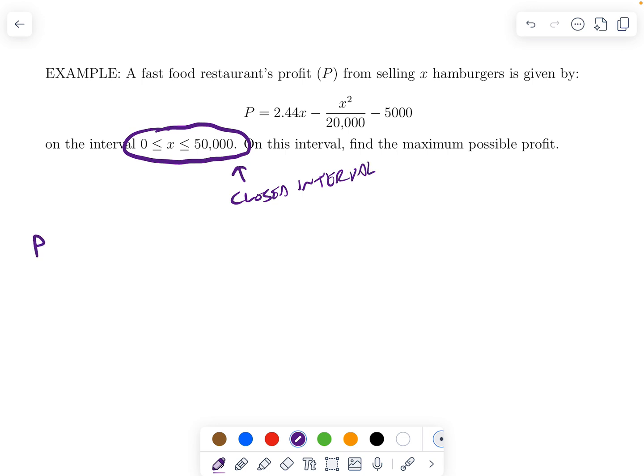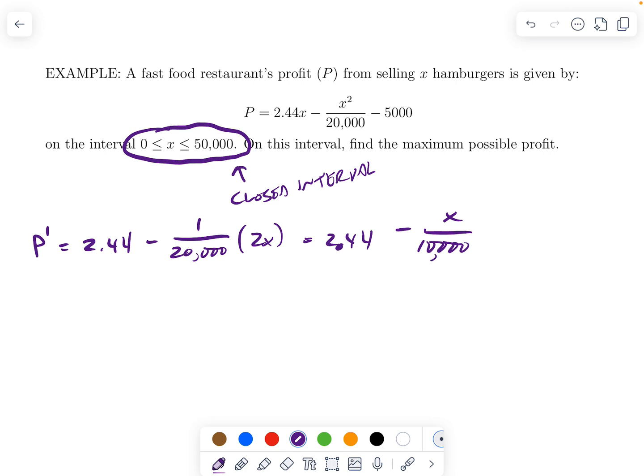So first, let's find our critical values. It's 2.44. And let's just notice, dividing by 20,000 really just means we're multiplying by the fraction 1 over 20,000. The derivative there is 2x. So we want to find a critical value, so we want to set this equal to 0.